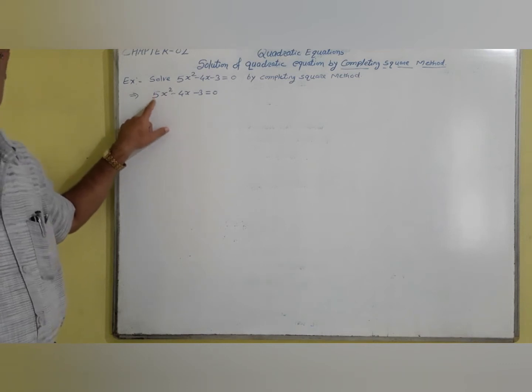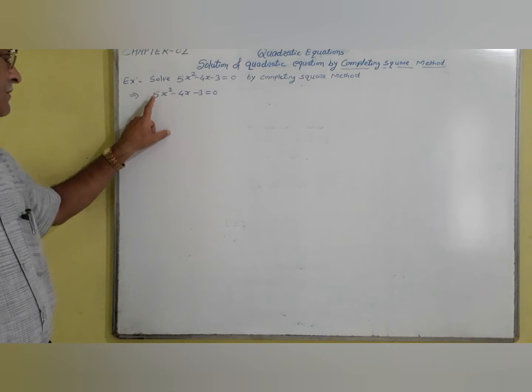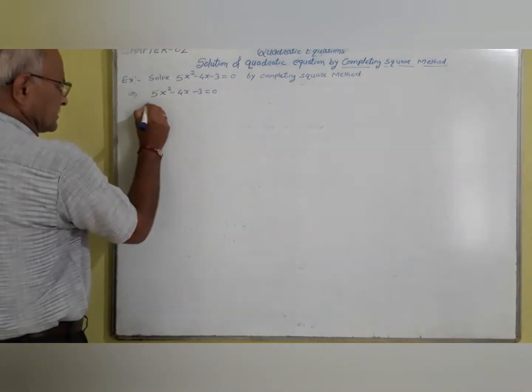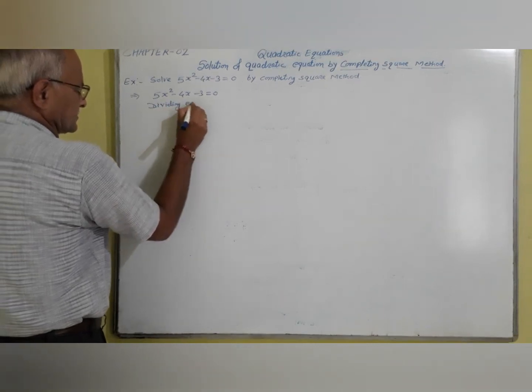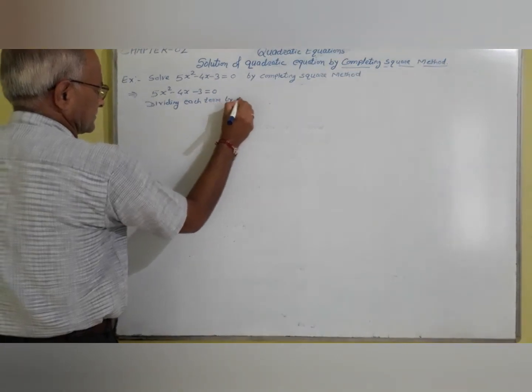While solving a quadratic equation by completing square method, it is convenient to make the coefficient of x square 1, and for that, first of all we divide each term by 5.